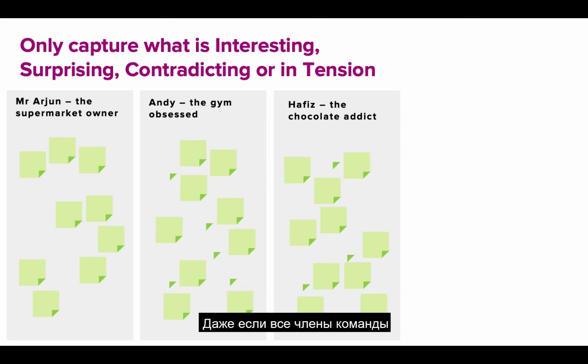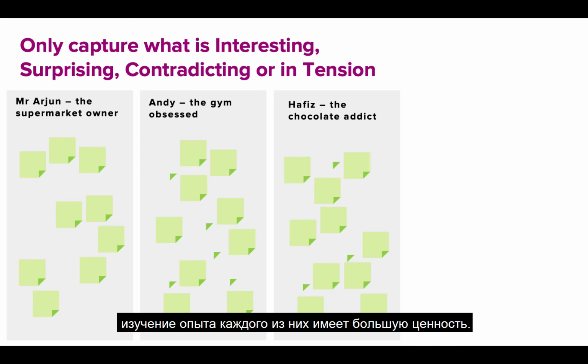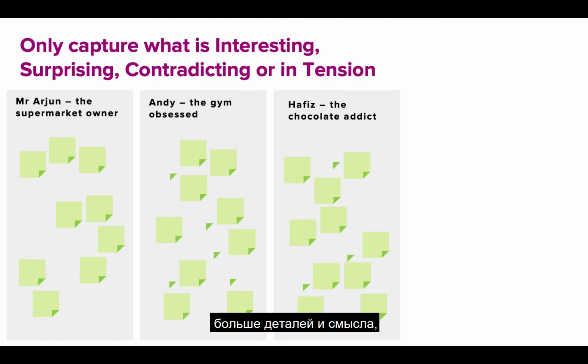Even if all the team members were present for the same fieldwork, comparing how each experienced it is still valuable. Second, in listening and probing for more information, team members can draw out more nuance and meaning from the experience than you may have initially realized. And this starts the synthesis process.